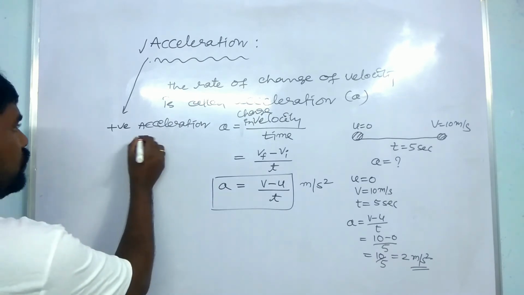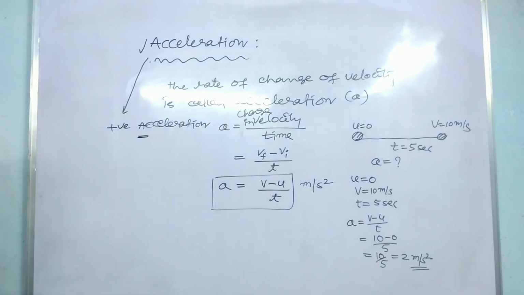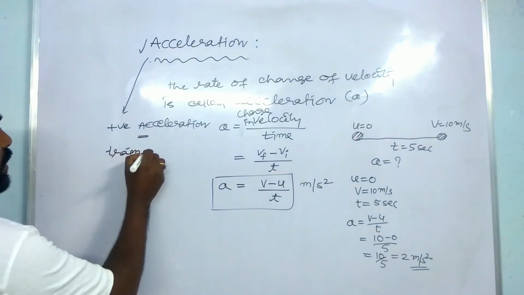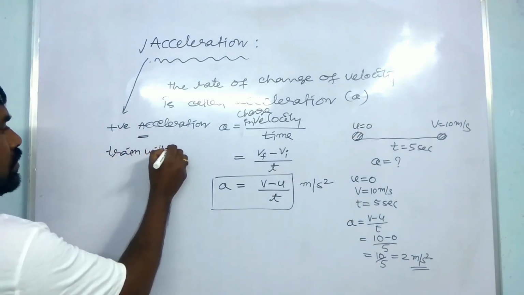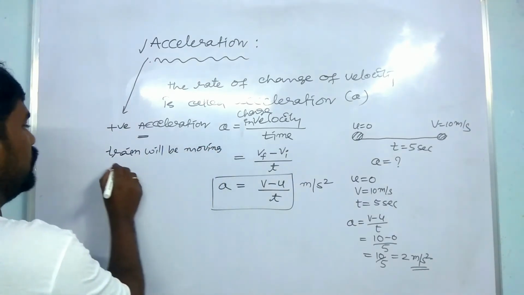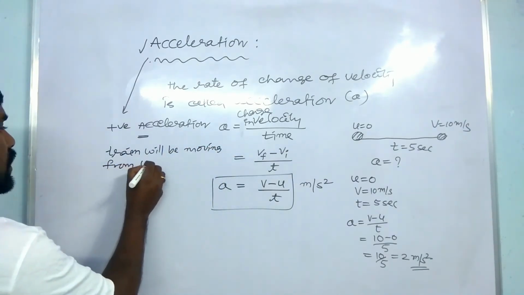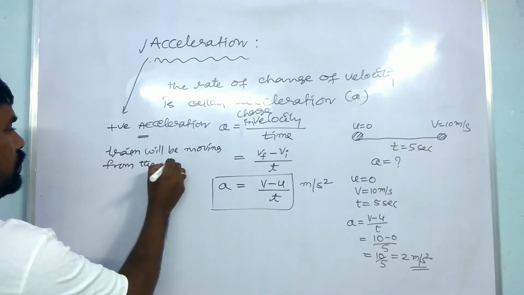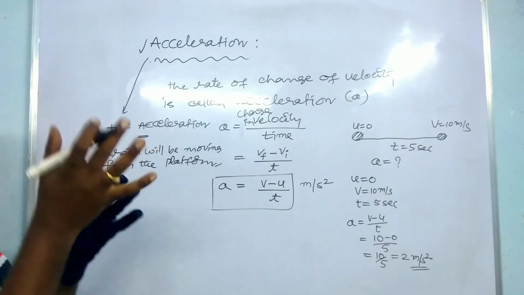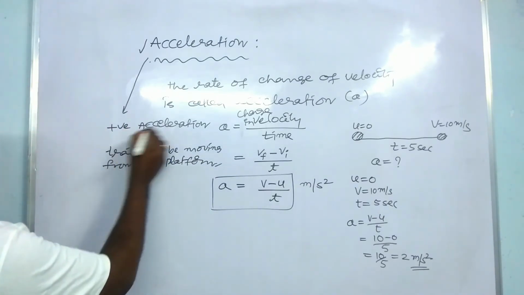For example, if a train is moving from the platform, in this case the acceleration will be increasing with time. So this is positive acceleration.